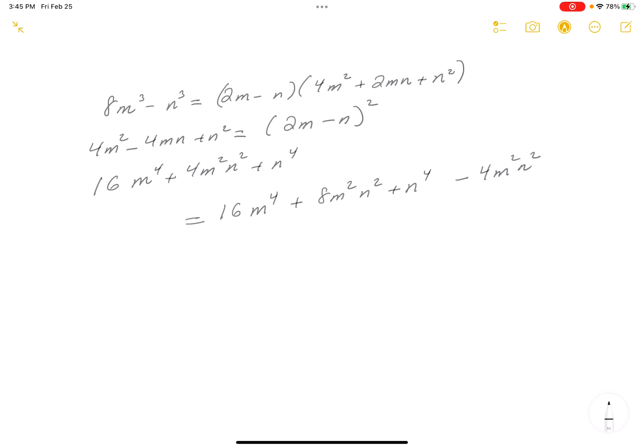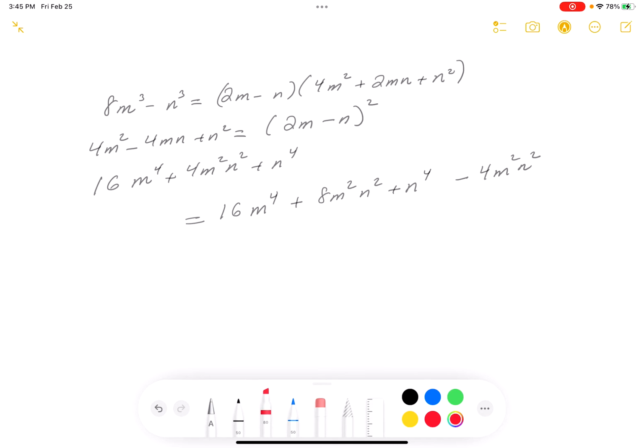So I hope you realize that what I'm saying here is identical to this over here. You should take a moment to look at that and either agree with that or say, what happened. Well, all I did was say 8m squared n squared minus 4m squared n squared is equal to 4m squared n squared.